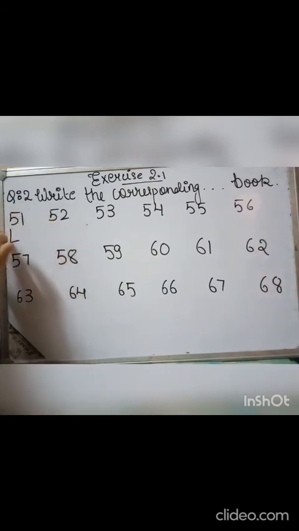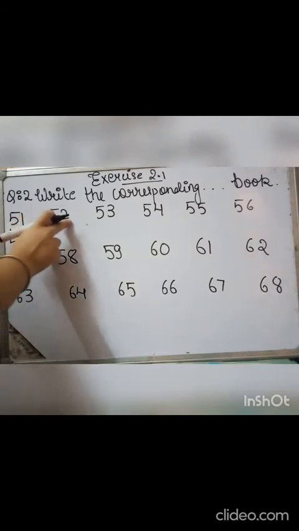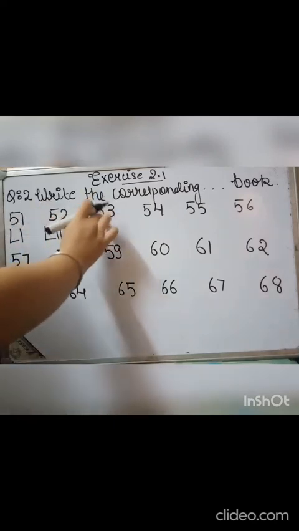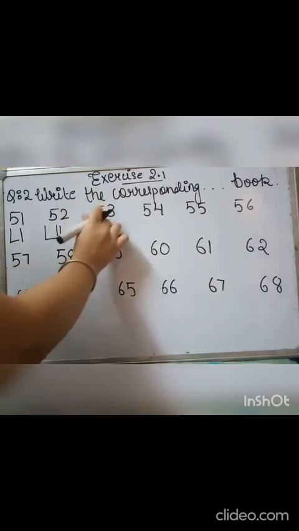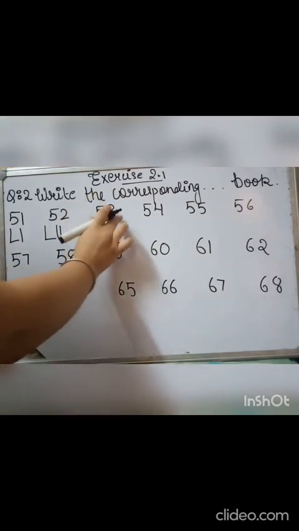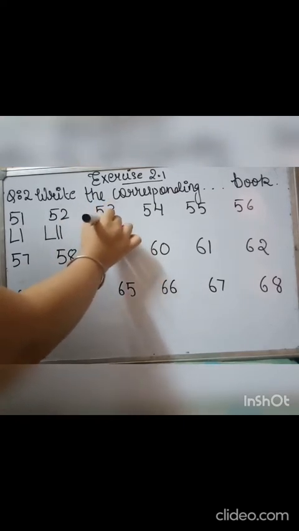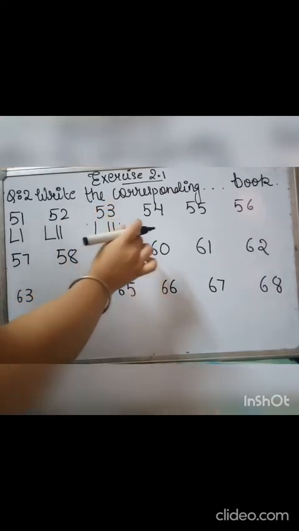So 50 is L and 1 means I. So this is LI. Again 50 plus 2, 52: for 50 L and for 2 II. Again 53 means 50 plus 3. So for 50 we will write L, for 3 we will write III.